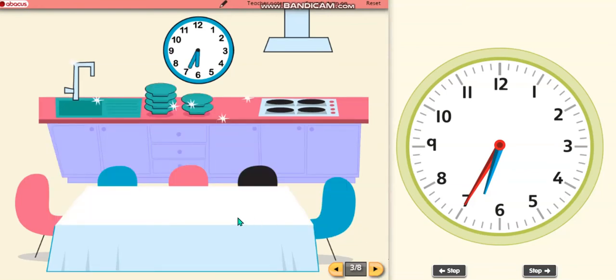Now after mom and dad finish cleaning the room, it's already 25 to 7. Now remember that it is not 7 o'clock yet. It is only 25 minutes to 7. Because if we are going to count again using the multiples of 5, it would be 5, 10, 15, 20, 25.